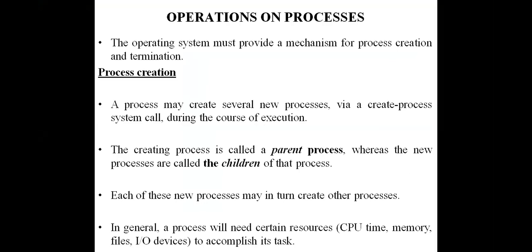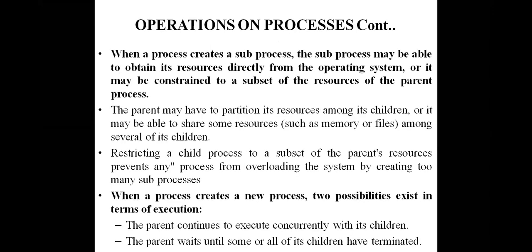Whenever a parent process creates a child process, all these resources which are already assigned to the parent process will be shared with the child process, or it may be a subset of resources depending upon the requirement.